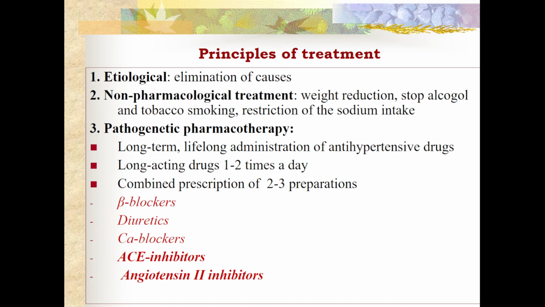According to guidelines, 5 groups of drugs are used for management of arterial hypertension. In the first place, ACE inhibitors or angiotensin II receptor blockers, if intolerance to ACE inhibitors occurs.